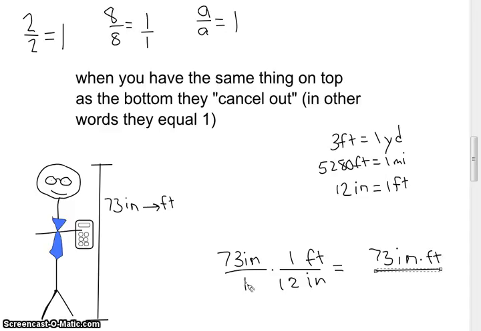Down on the bottom, I'm going to take 1 times 12, so that's 12 inches. Now remember, when we have one thing on the top and a thing on the bottom, they actually end up canceling out. So in actuality, what we're going to have is this inches canceling out with this inches, leaving us with a foot. That's a good thing, because notice that feet is what we actually wanted to end with in the end anyway.